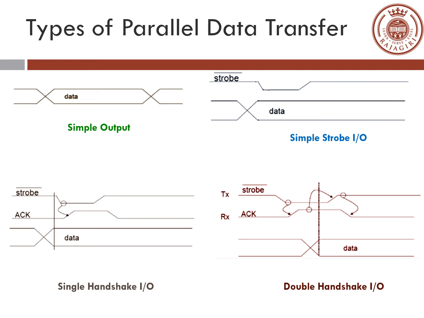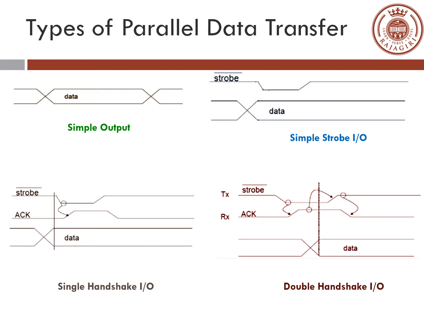The operation begins with the strobe being pulled low, and the falling edge of strobe is used to latch the data into the data buffer. Once that's done, the acknowledgement goes high, and after some time the strobe is taken away and the acknowledgement also is released, so that we can go to the next data transfer.